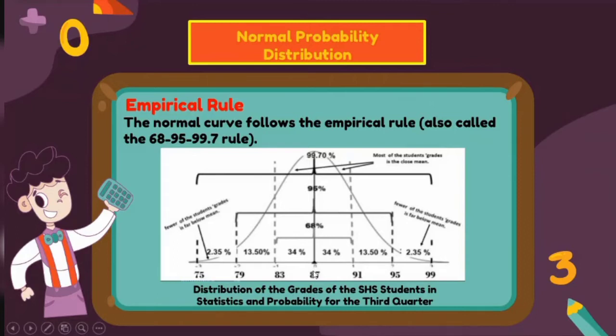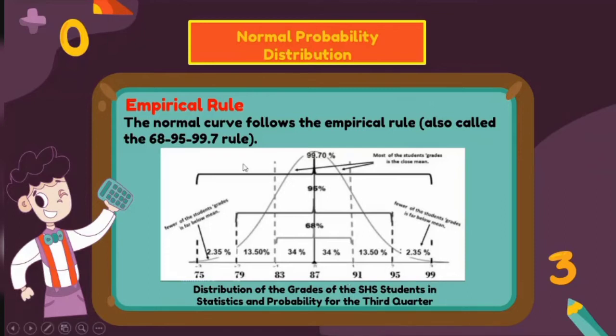Since the standard deviation is equal to 4, 87 plus 4 is 91, 91 plus 4 is 95, 95 plus 4 is 99. From 87 to 91, we have one standard deviation to the right, and 87 to 95 is two standard deviations to the right. And lastly, 87 to 99 is three standard deviations to the right side of the given mean.